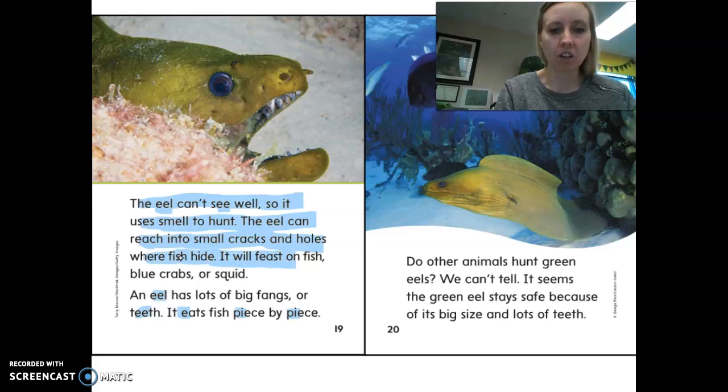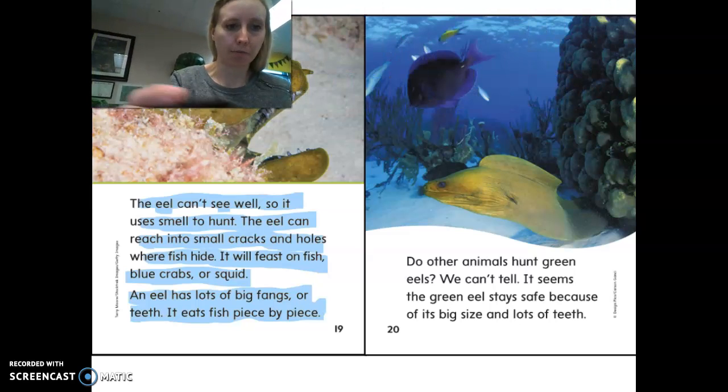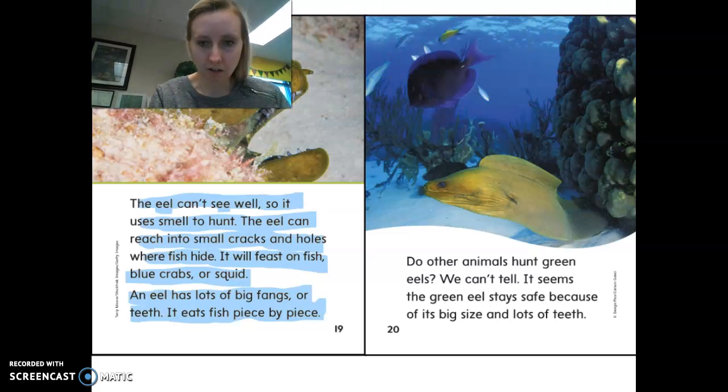It will feast on fish, blue crabs, or squid. An eel has lots of big fangs or teeth. It eats fish piece by piece. Okay, here we go. Let's look for E's.